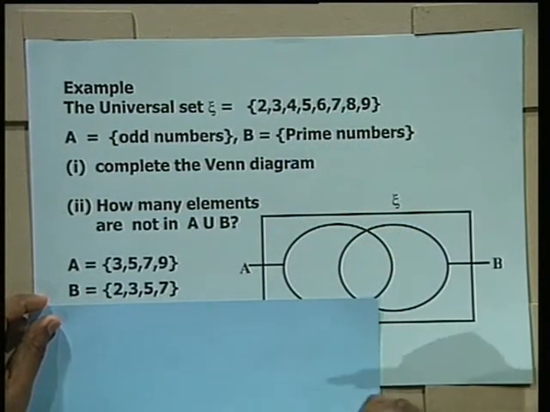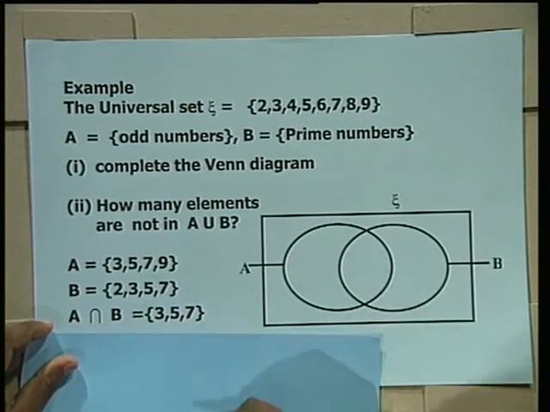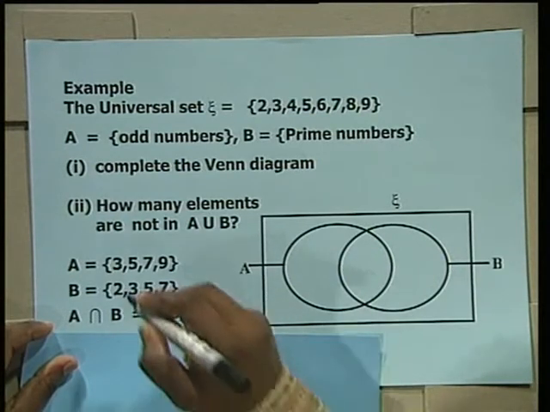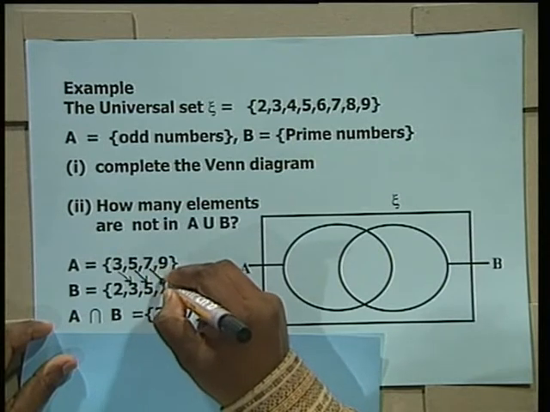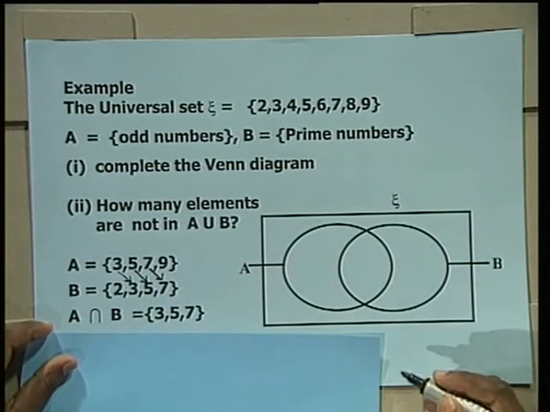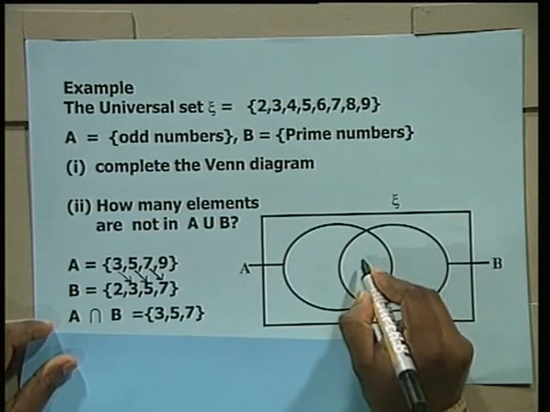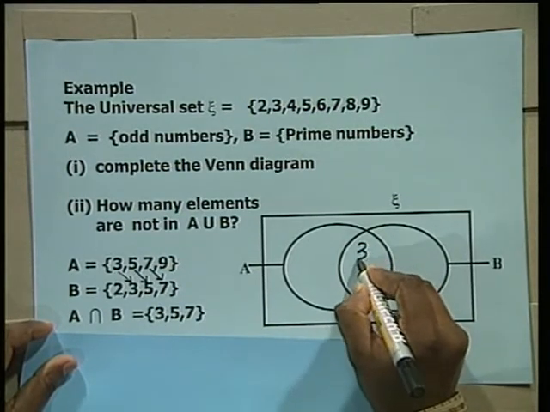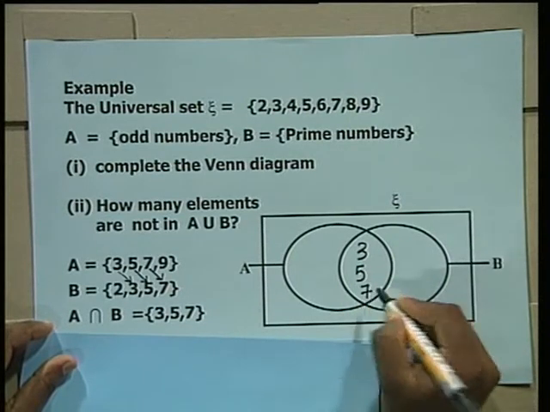The next step is to write down the elements of the set A intersection B. That is, the elements common to both A and B. We find that 3 is common, 5 is common, 7 is common. So we can start by filling the region representing A intersection B. 3, 5, and 7.